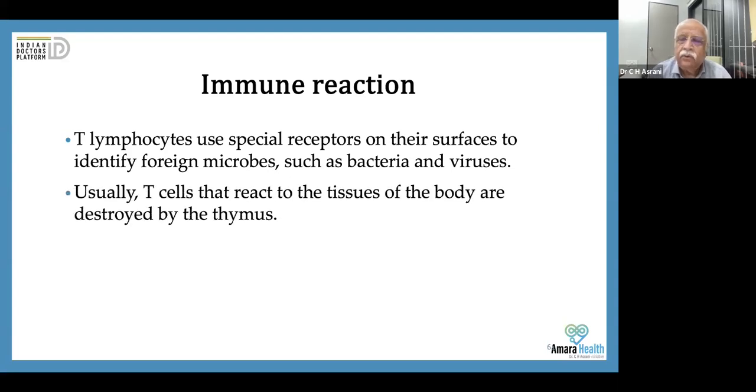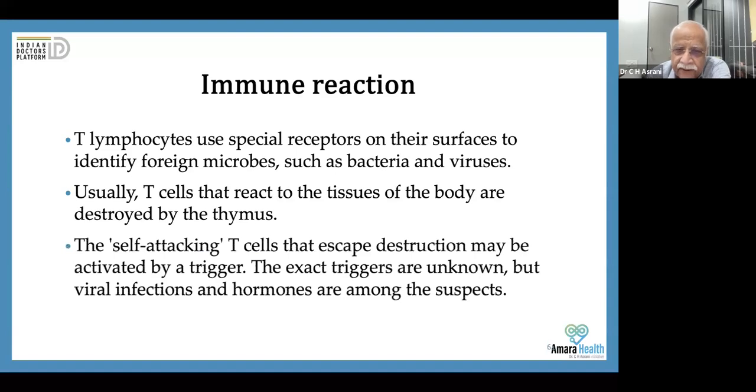T lymphocytes are using receptors to identify foreign particles, which is non-self, and kill them. There were certain T cells which would destroy our own antigens, and they are generally destroyed by the thymus in our early age when immunity builds.